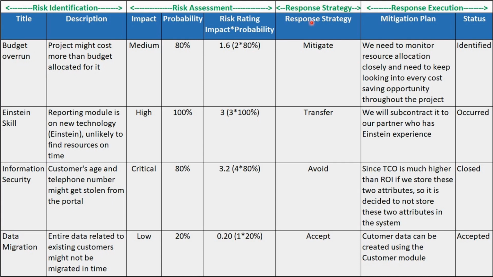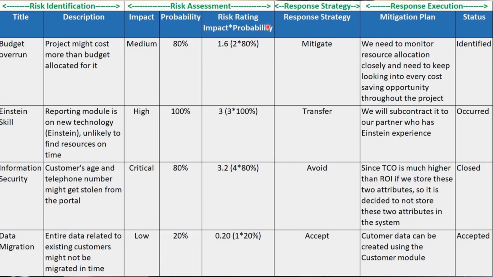The next step is a risk response strategy. So mitigate, transfer, avoid, or accept. We pick one of those against each risk. Then the last step is response execution. So here we execute the strategy which is decided.